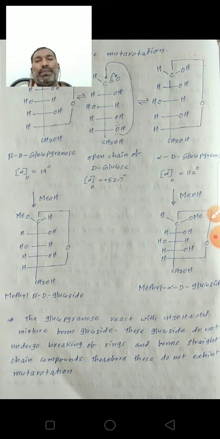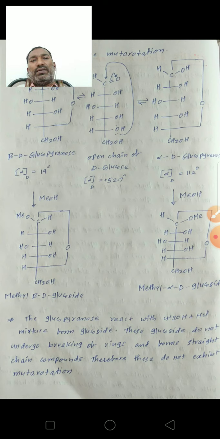This is the open chain of D-glucose. Its specific rotation is plus 52.7. Plus means dextrorotation, or clockwise direction. The specific rotation of this open chain D-glucose structure is plus 52.7 degrees.